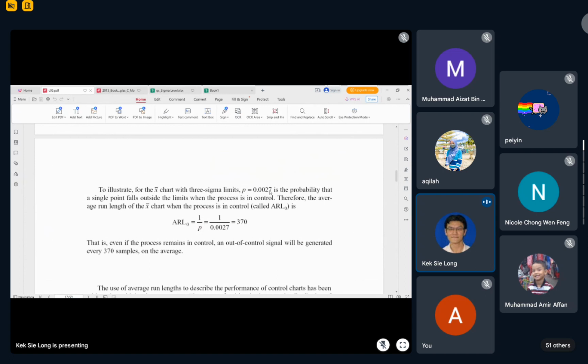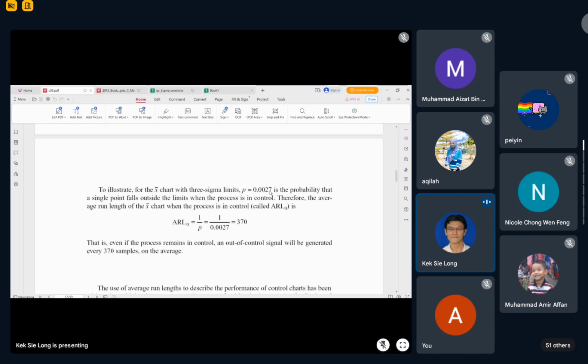From what we see on the screen, we also can know the probability a point falls outside the limit when the process is out of control, right? The process is in control. We also can consider when the process is out of control.